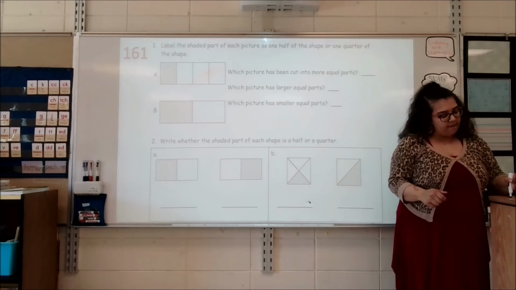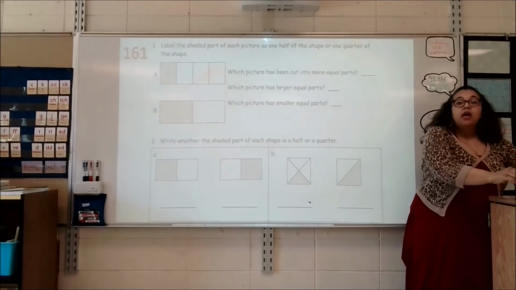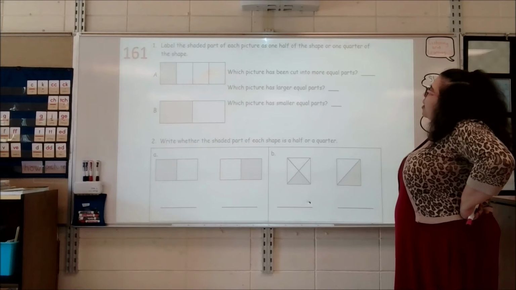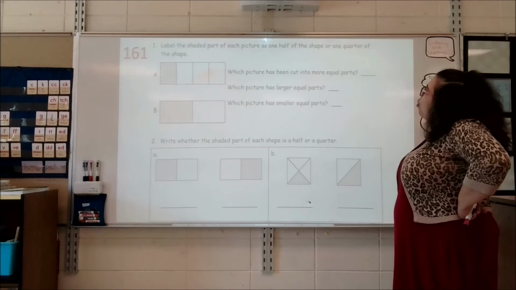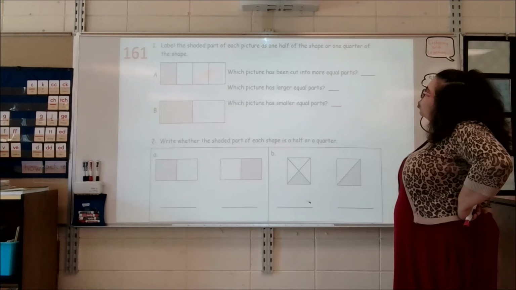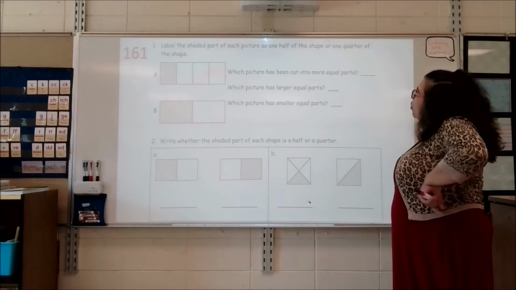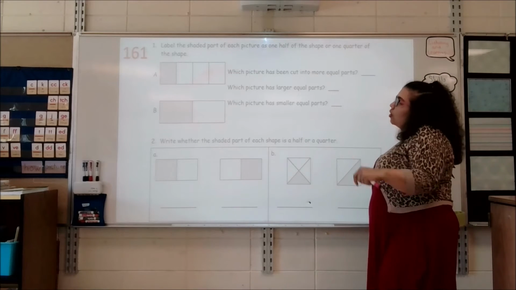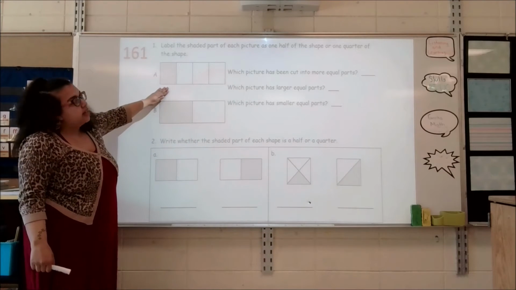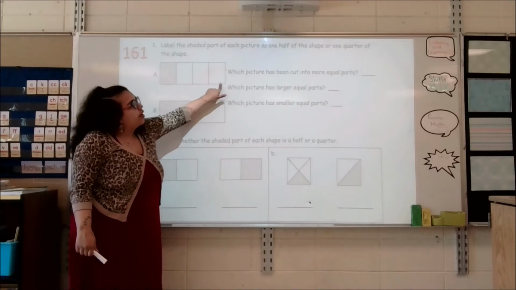It says, label the shaded part of each picture as 1/2 of the shape or 1/4 of the shape. So, looking at letter A, this shaded piece here, is this 1/2 of this shape or 1/4 of this shape?